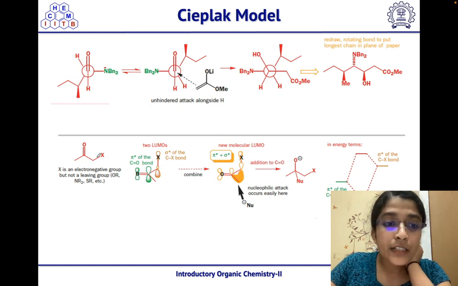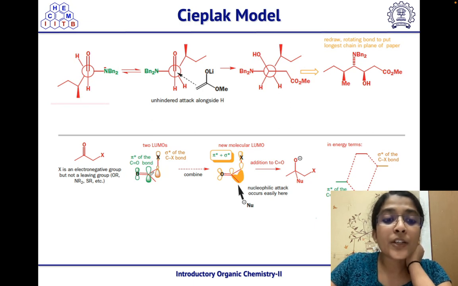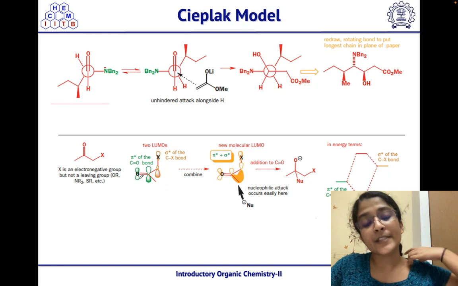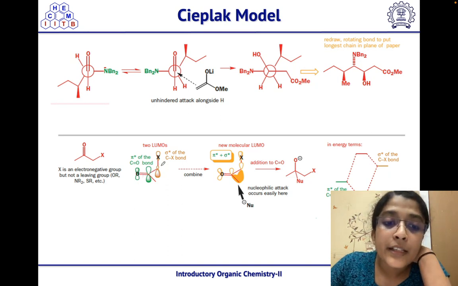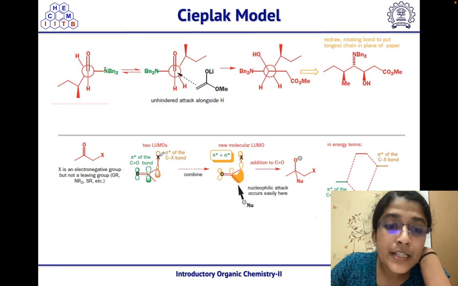So, we have seen this is the carbonyl group, and this is the pi star orbital of the carbonyl. We have seen that pi star has a greater contribution on the carbon center than at the oxygen center, when we drew the MO diagram in the lectures. Here this is the C-X bond, and this is the sigma star orbital of that C-X bond.